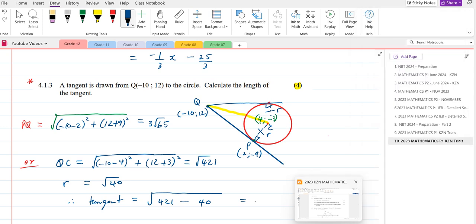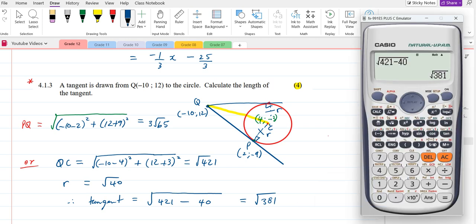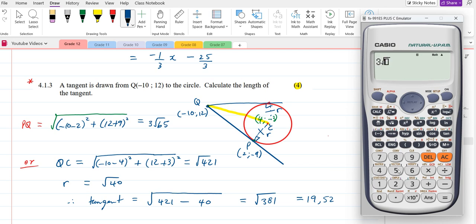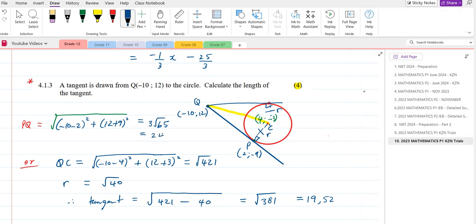So this is the square root of 381, and the decimal value is 19.52. And what's the length of this tangent? 3 root 65. What is 3 root 65? I'm getting 24.19. 24.19.